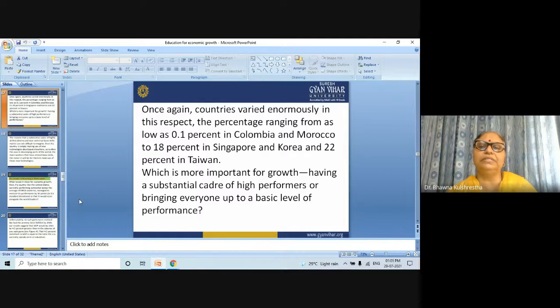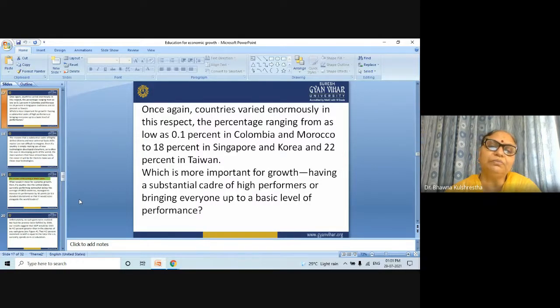The percentage ranged from as low as 0.1% in Colombia and Morocco to 18% in Singapore and Korea and 22% in Taiwan.